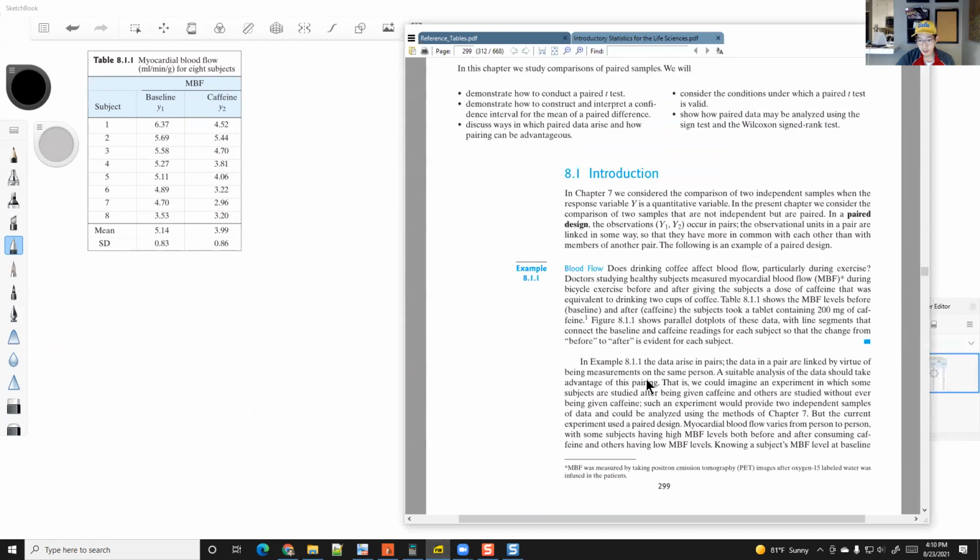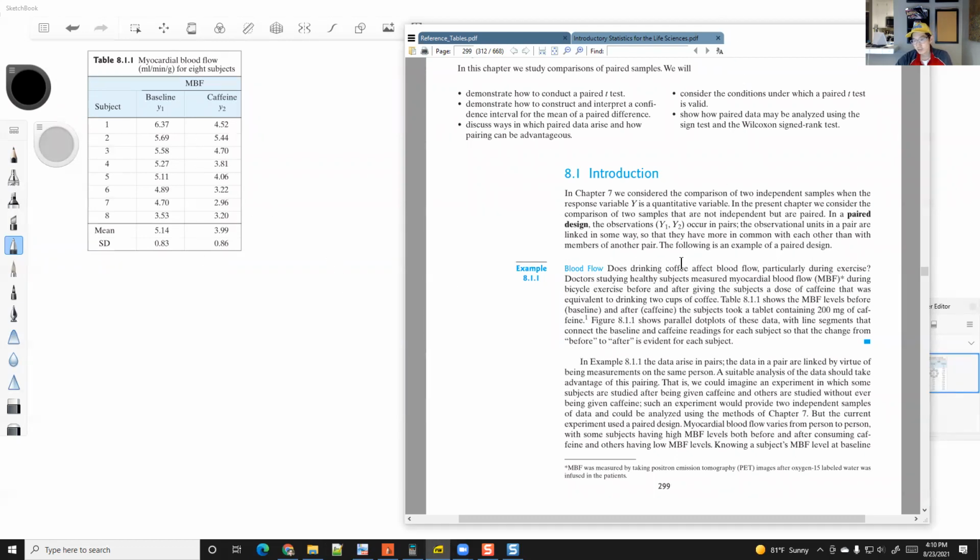But basically, the study says, does drinking coffee affect blood flow, particularly during exercise? Doctors studying healthy subjects measured myocardial blood flow, MBF, during bicycle exercise before and after giving the subjects a dose of caffeine that was equivalent to drinking 2 cups of coffee, okay? And so they look at the baseline values, and then they look at the values after taking the caffeine, okay? And so these are the numbers, all right?